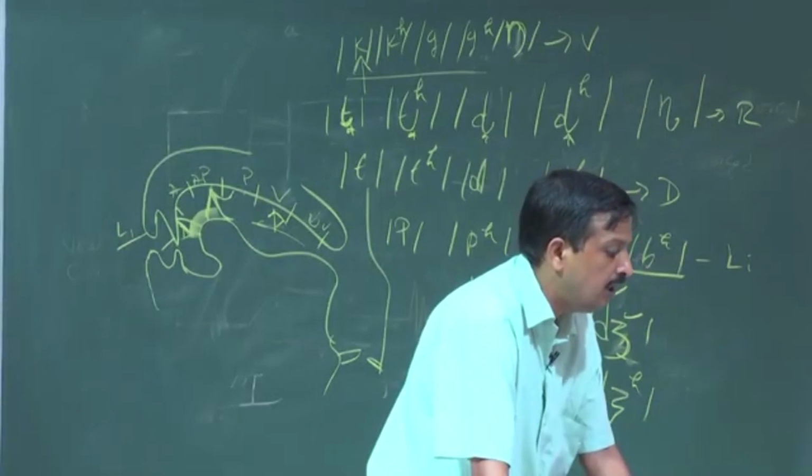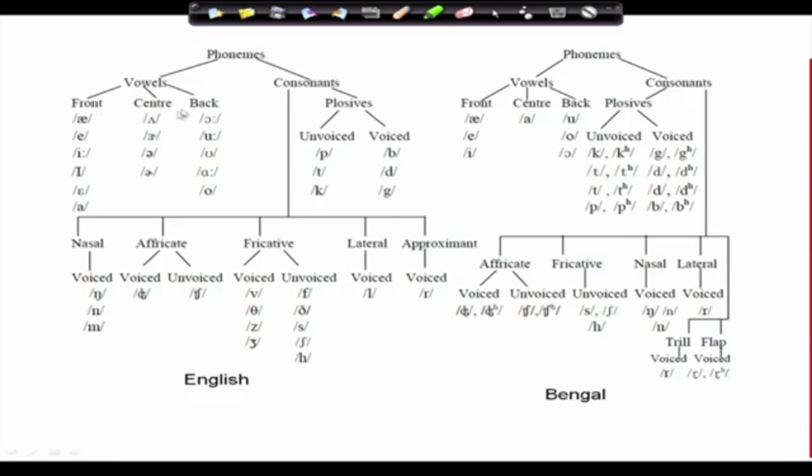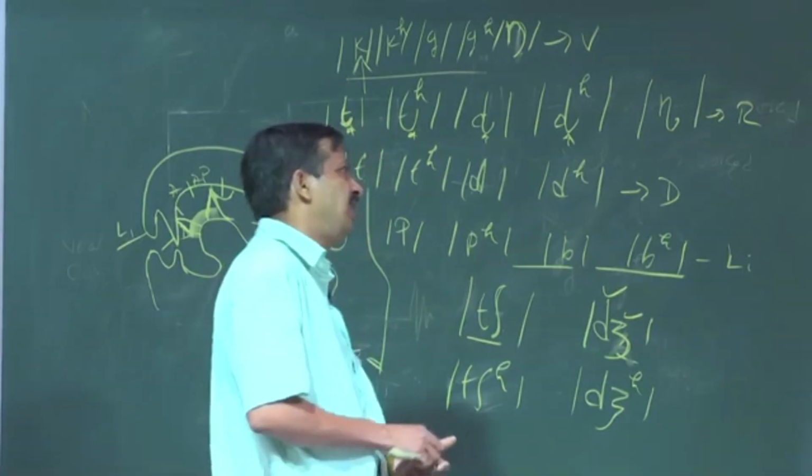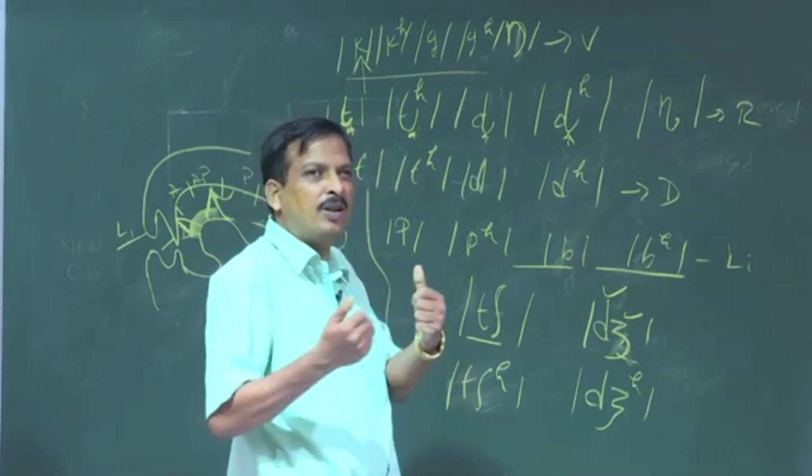Then I can show you there is a phonetic chart for the English language and the Bengali language. You can see the phonemes in English and the phonemes in Bengali. I have tabulated all the phonemes in English and all the phonemes in Bengali. There is also a thesis where we studied the similarity between American English and Bengali English.